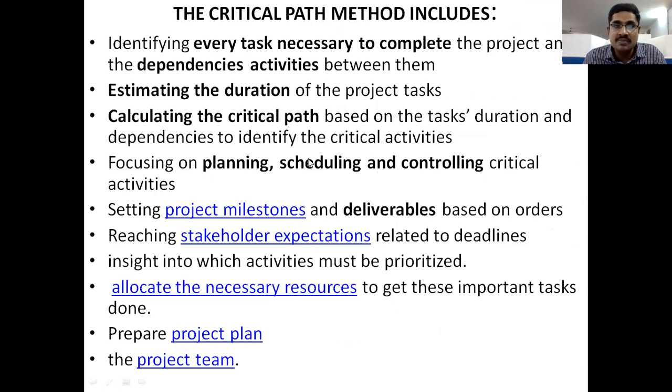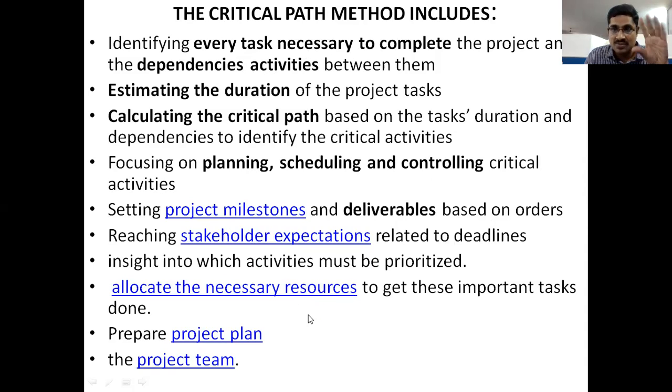In this critical path method, each and every task should be necessary, with dependencies of activities, estimation of time, calculation of the critical path, planning, scheduling, and controlling of activities, stakeholders' expectations, and allocation of the necessary resources.